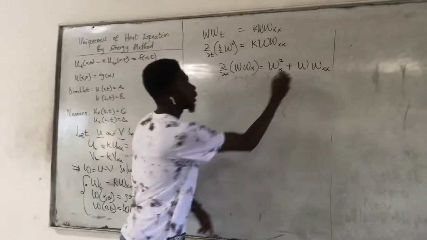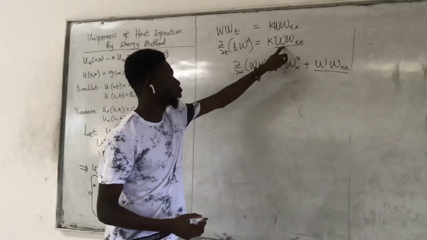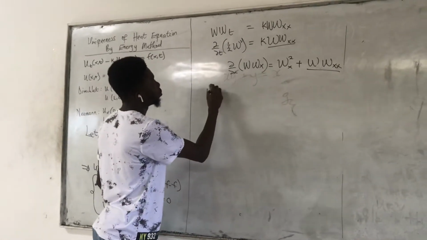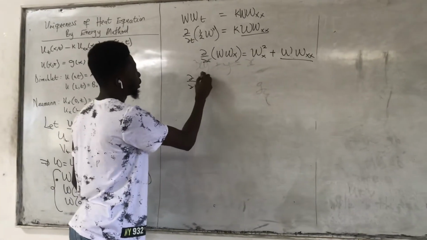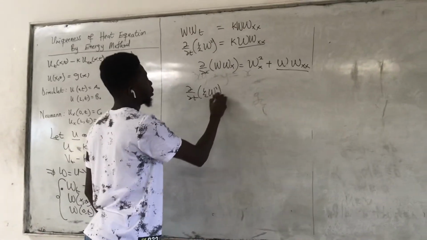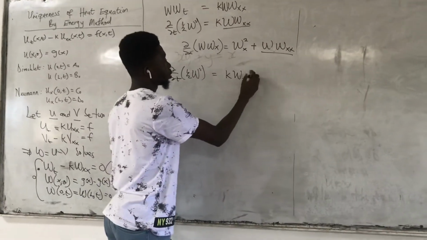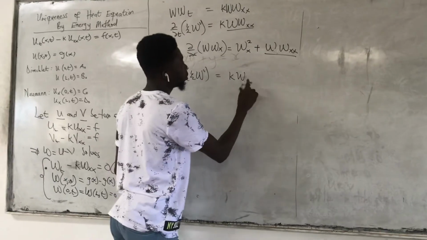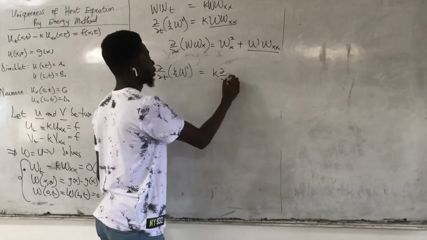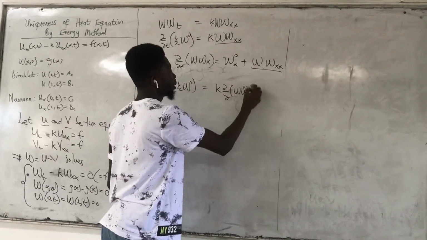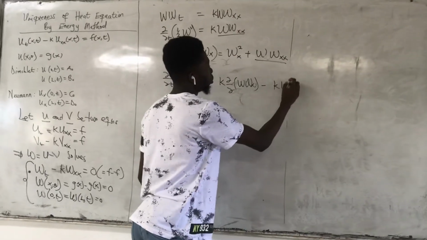Now from here, we can see this expression as exactly what we have here. So by little substitution, we could generate the right hand side to be K times the derivative of W W_x, minus another K W_x squared.